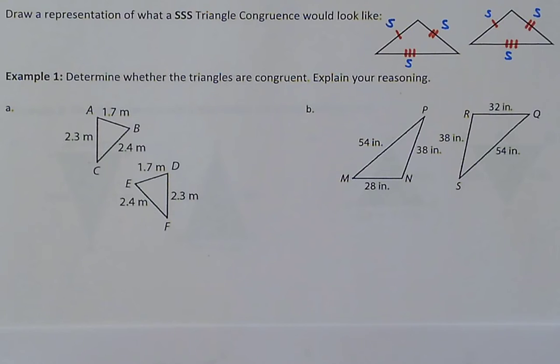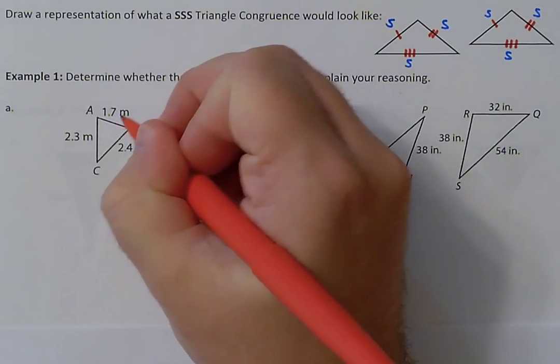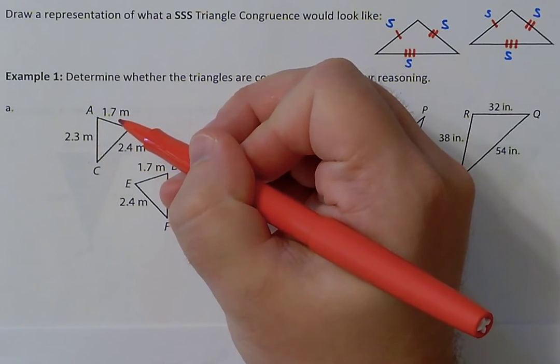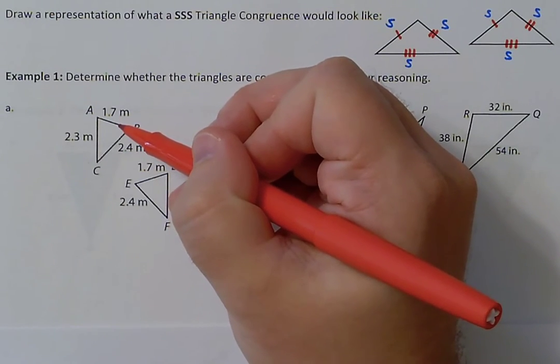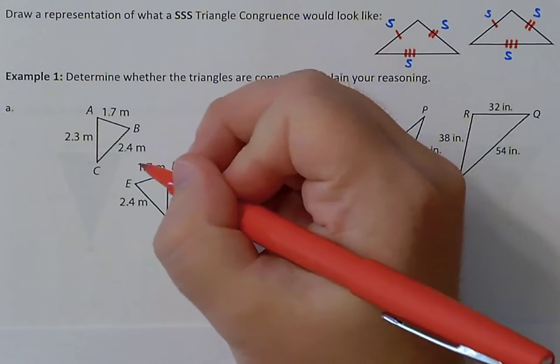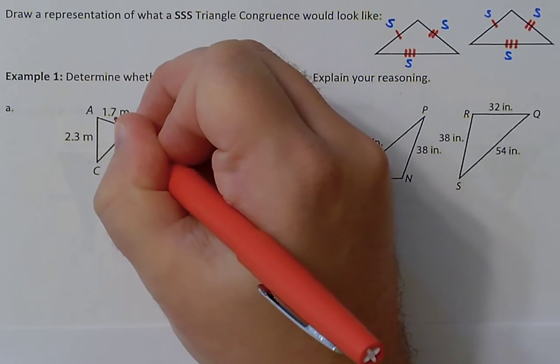And again, today we're going to look at it based off side-side-side. So if we look at our first triangle, ABC, if I start with the side AB, the side AB is 1.7 meters. So what I have to do is find a side length that matches that in this triangle. And I see that I have one right here with DE, that it is also 1.7.